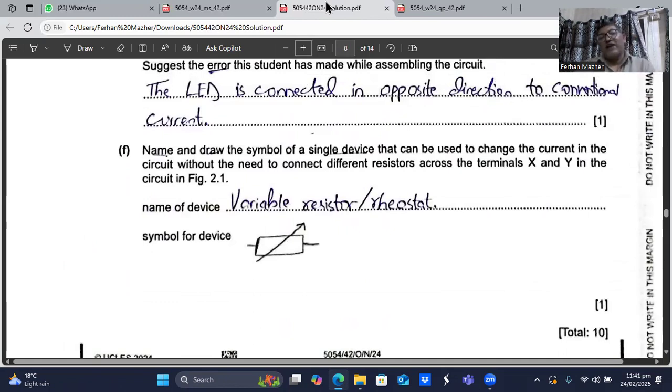So we have chosen the variable resistor. By changing its resistance, you will be able to change the amount of current flowing through the circuit. The symbol of the variable resistor is this: you draw a rectangle, and through that rectangle, you pass an arrow.